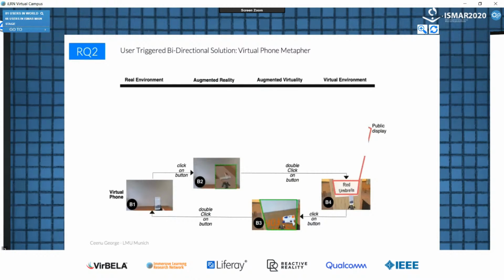So we've created a first lo-fi prototype of this metaphor that enables the user to transition bi-directionally. So from the real environment to the augmented reality in the same way and with the same interaction modality as from the virtual environment to the augmented reality.